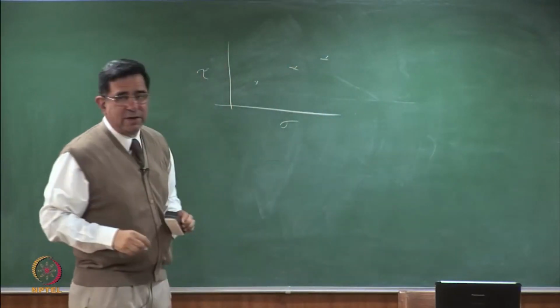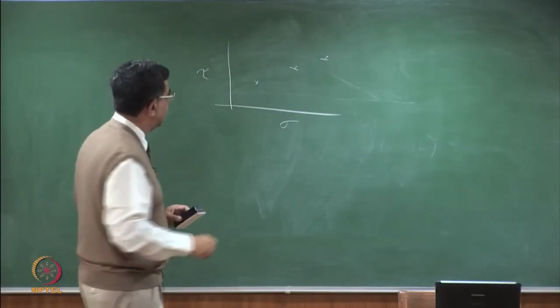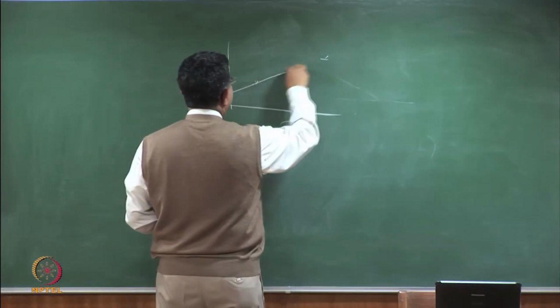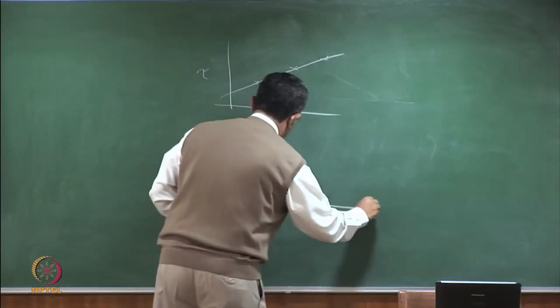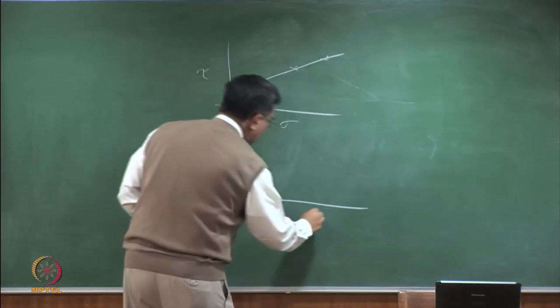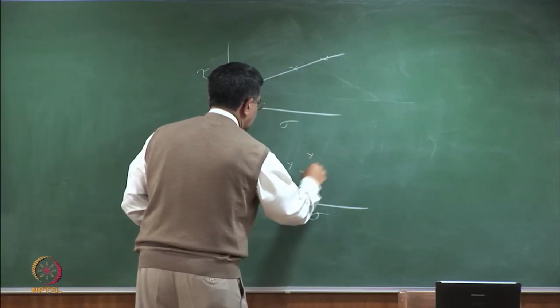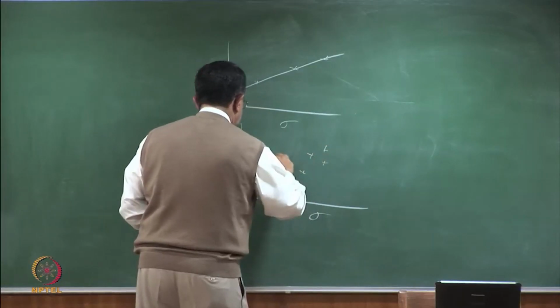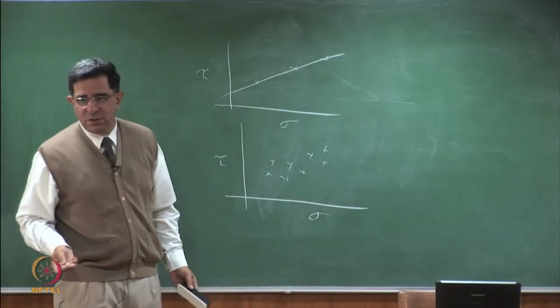if my points from the direct shear test are like this, then I get a very nice straight line, right? But if my data is like this, why? Because of heterogeneity. I do many tests. So you can have different interpretations of this data.